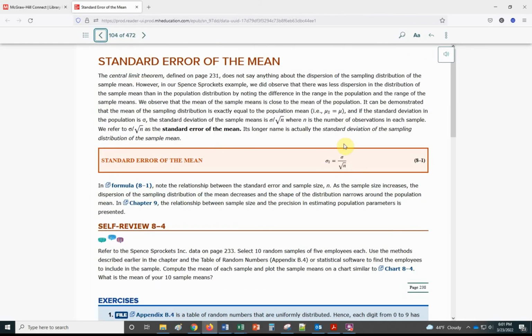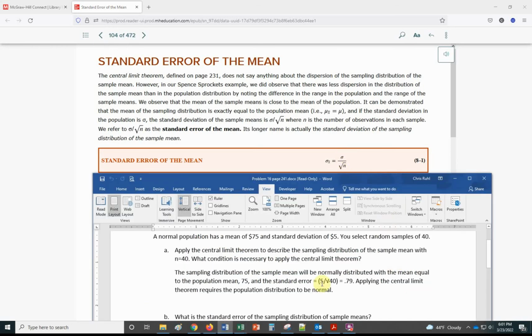it's right there. The standard deviation, which was 5, divided by the square root of our sample size, which was 40. So it's 5 divided by the square root of 40 right here. 5 divided by the square root, it's a Microsoft Word square root symbol. 5 divided by the square root of 40 is 0.79.